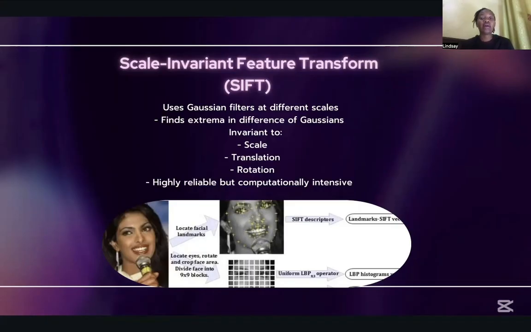There is a lot involved, so it can be intensive, but it's highly reliable because there's no error. Once the image or the format is changed, there's still detection. It will be accurate.